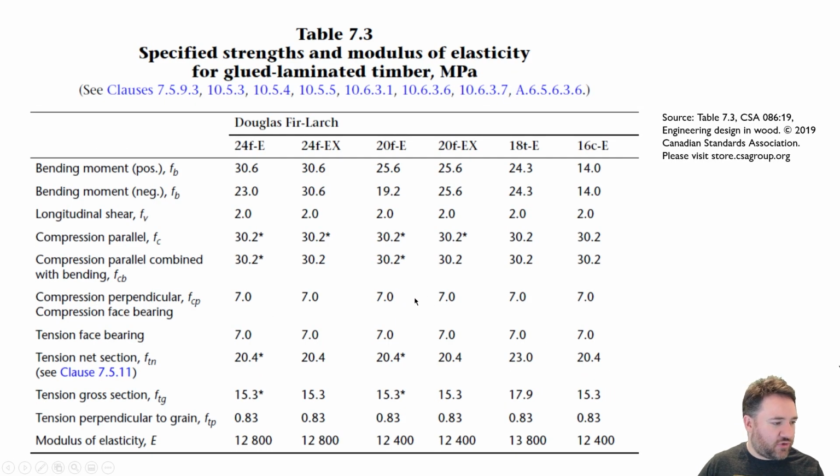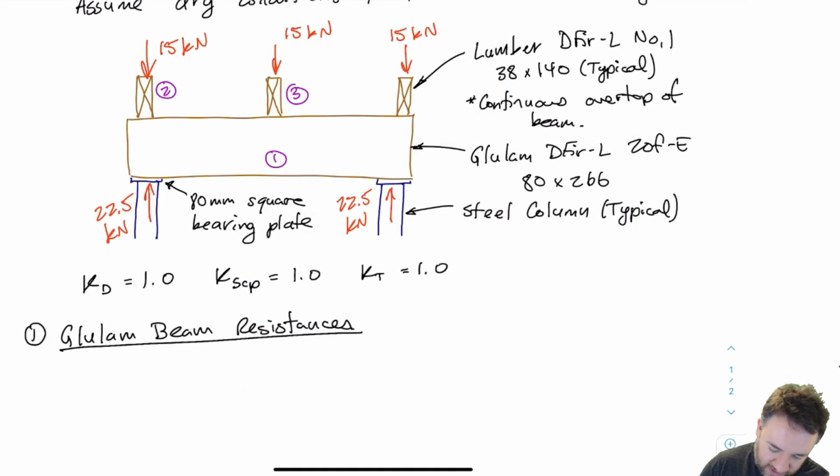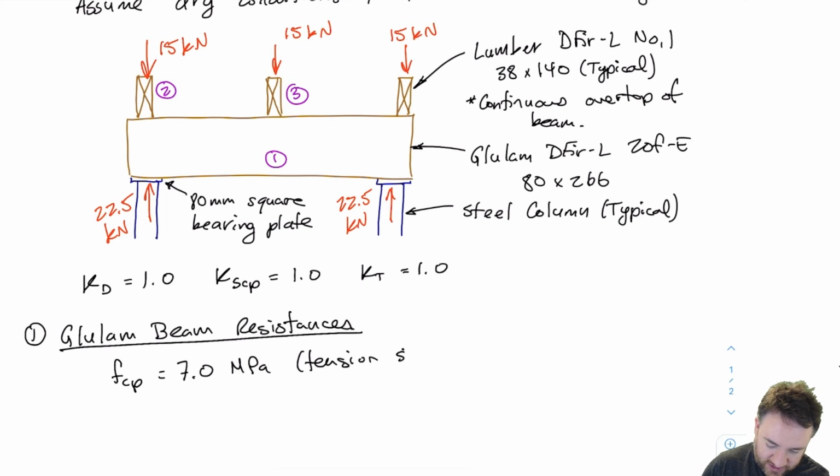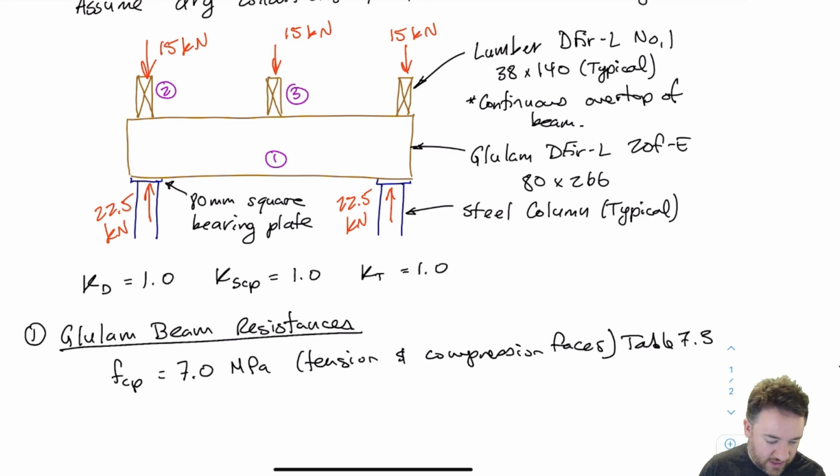So here we have 7 for both, so I'm just going to adopt 7.0 as our fcp equals 7.0 MPa. And this is for both tension and compression face. And we get that from Table 7.3, which we should be well familiar with by now.